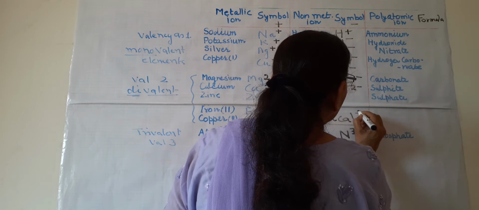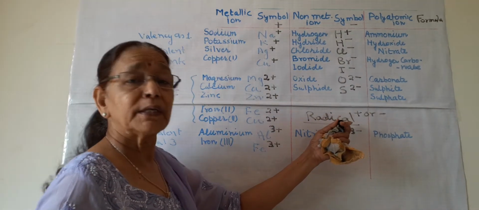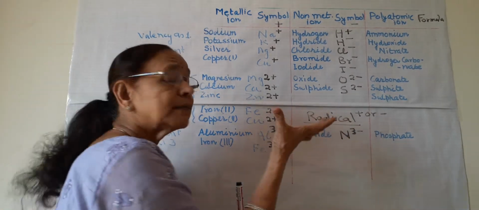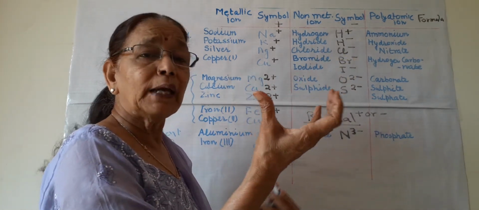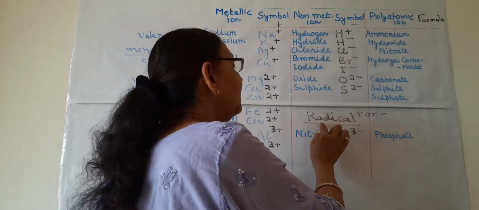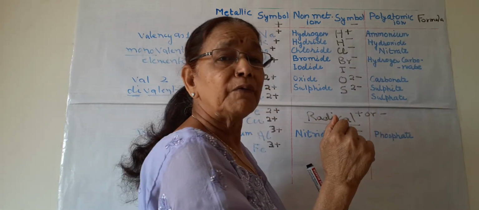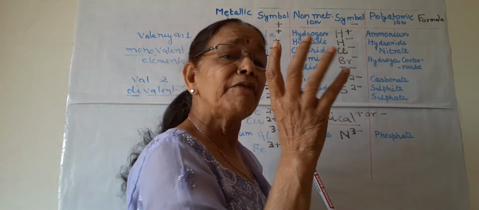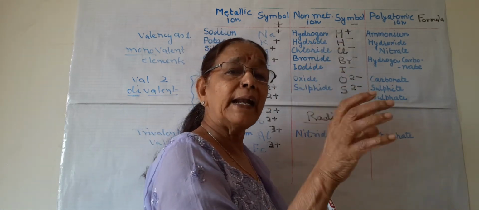This radical can have a plus or minus charge. It can be positive or negative, forming a cation or an anion. But this radical is a group of 2, 3 or more elements that combine together to form a polyatomic ion, and this is also known as a radical. So these are the formulas of different radicals or polyatomic ions. They have a valency together, and the complete group has that valency.